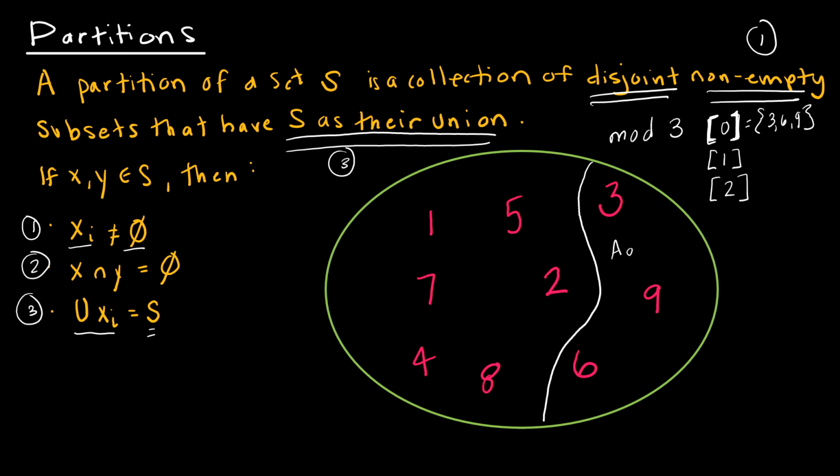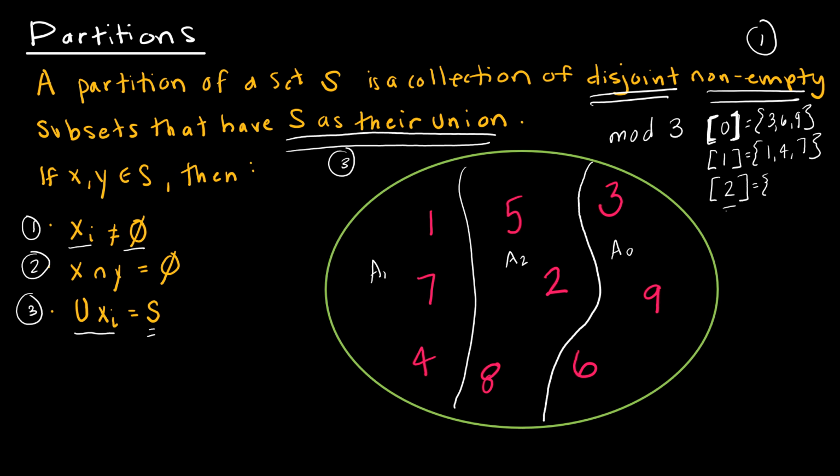So what about 1, 4, 7? Well, if I divide 1 by 3, I get 0, remainder 1. If I divide 4 by 3, I get 1, remainder 1. And if I divide 7 by 3, I get 2, remainder 1. So this is my equivalence class for a remainder of 1, which is 1, 4, 7. And then again, 2, 5, and 8 all have a remainder of 2.